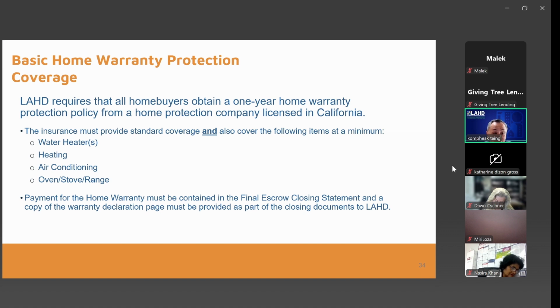The insurance must provide standard coverage and also cover the following items at a minimum: water heaters, heating, air conditioning, oven, stove, range. Payment for the home warranty must be contained in the final escrow closing statement, and a copy of the warranty declared page must be provided as part of the closing documents to LHD.